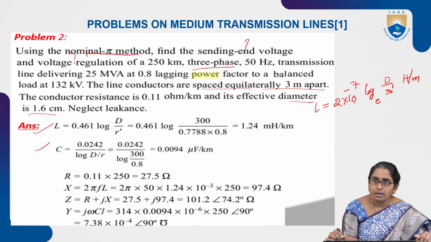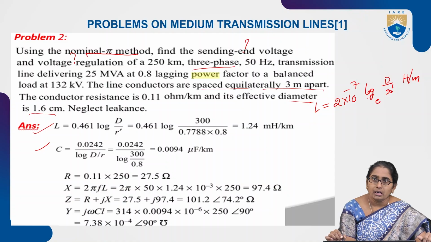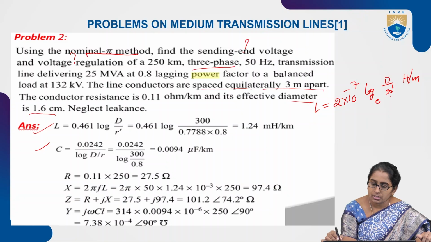This is the basic expression for inductance. Inductance per conductor in a transmission line is given by 2 into 10 power minus 7 log base e D by R dash. In this, capital D represents the spacing between the conductors and R dash is the effective radius of the conductor, which is given by 0.7788 into R, where R is the radius of the conductor.